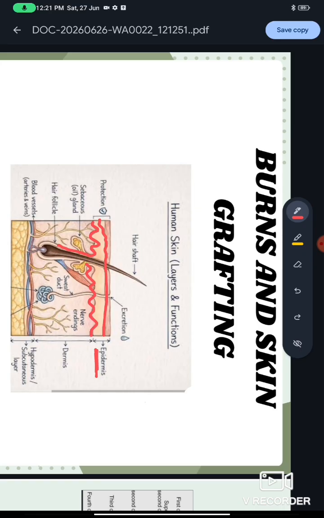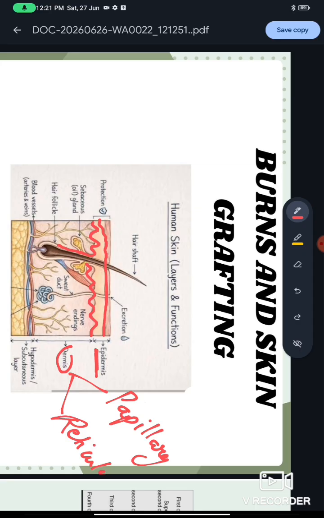Below the epidermis lies another layer known as dermis. Now this dermis is divided into two parts, which are papillary dermis and reticular dermis. Papillary dermis is the upper part where the rete pegs are present.